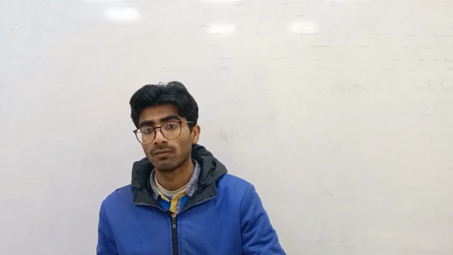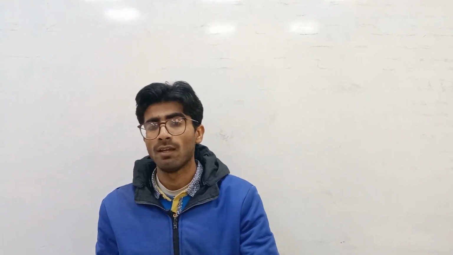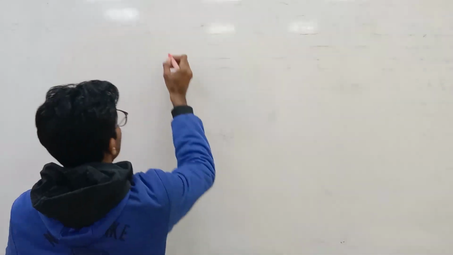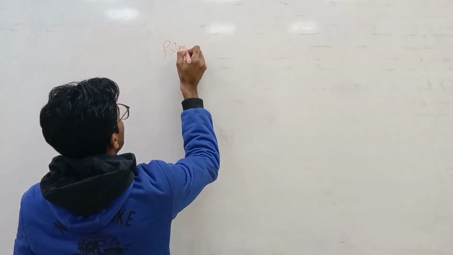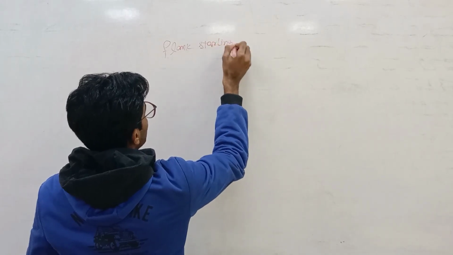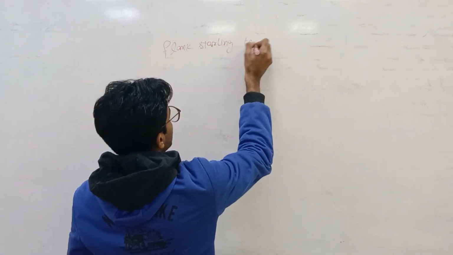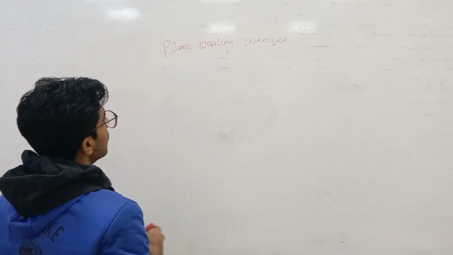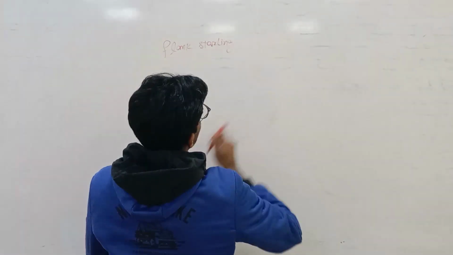Regulation of heart pumping. When a person is at rest, 4 to 6 liters of blood within 1 minute goes into the arteries. There are several methods. One is the Frank Starling technique, or Frank Starling mechanism.